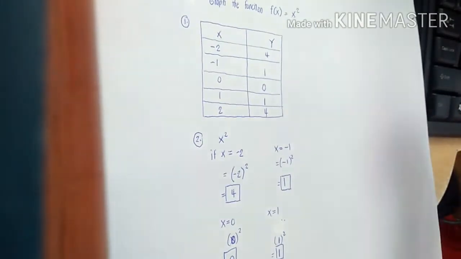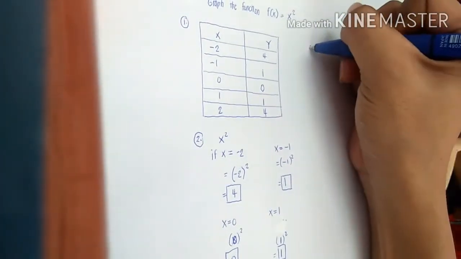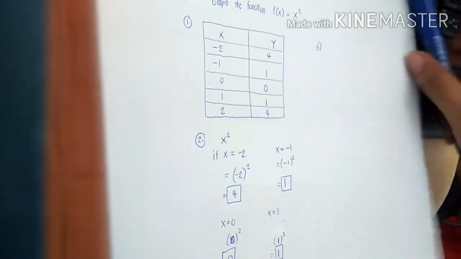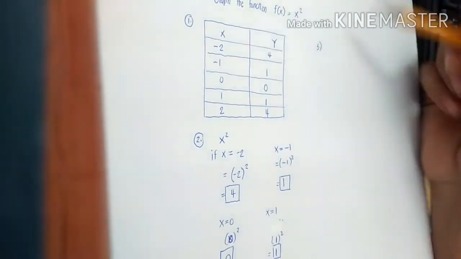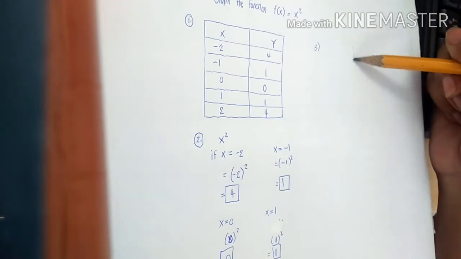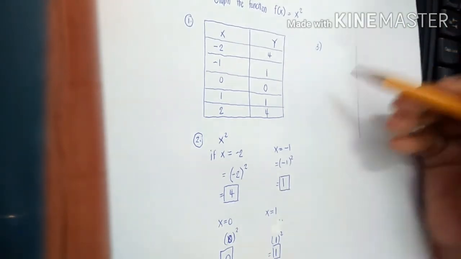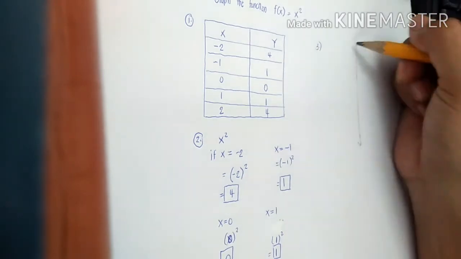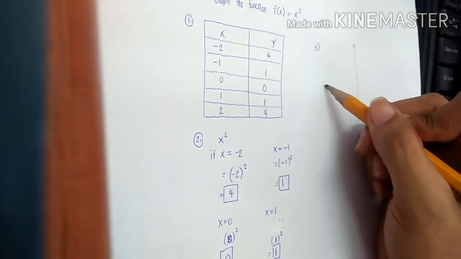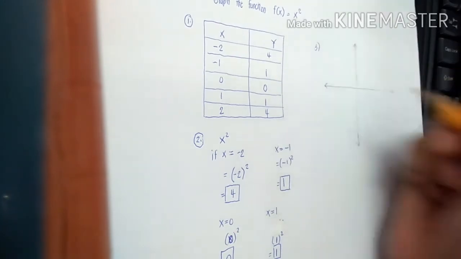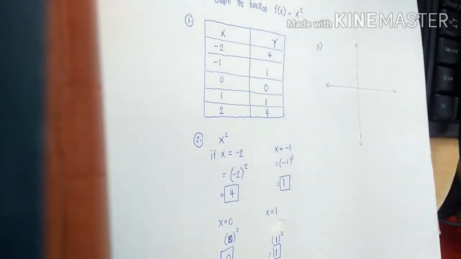So the next step is to make a graph, a Cartesian plane, invented by Rene Descartes. Make sure that you have equal measurement.